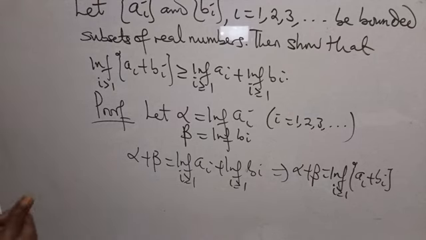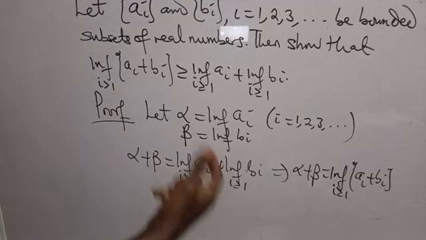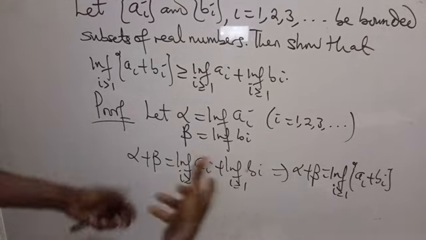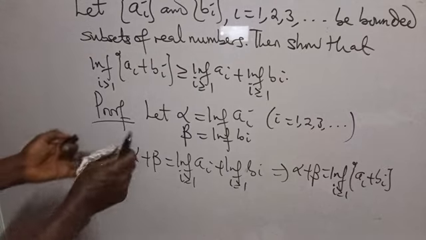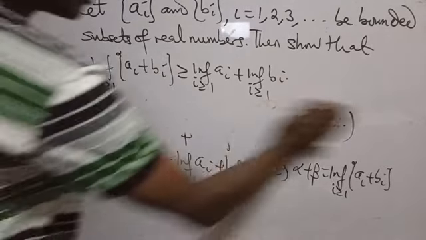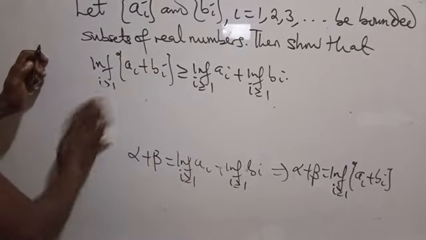So alpha plus beta, which we have been told is the infimum of the addition of the two subsets, must be a lower bound first. They must be lower bounds before they can be the greatest lower bound.